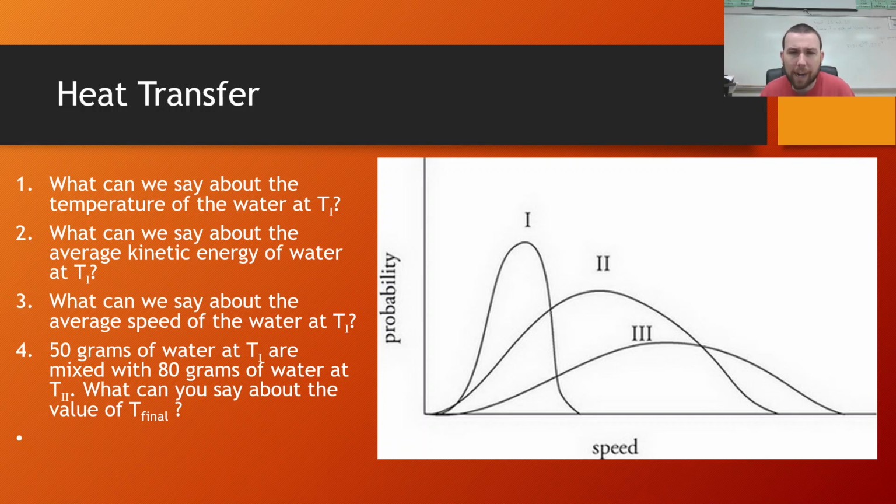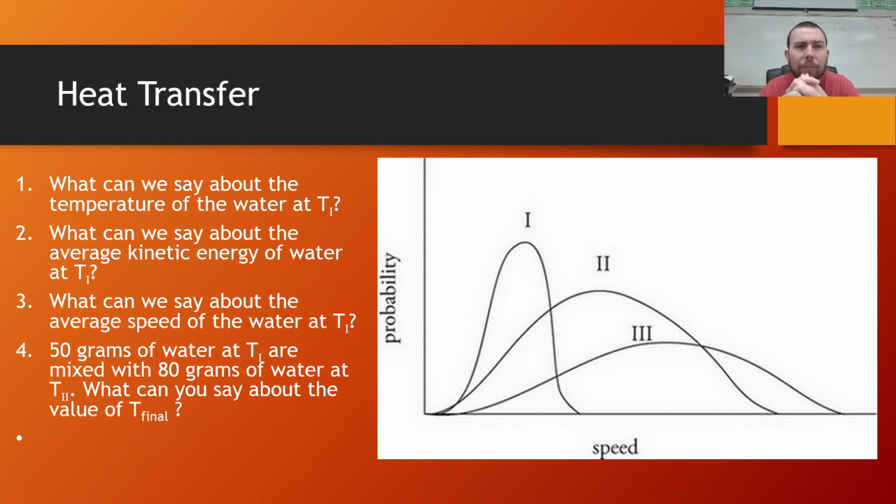Looking at this graph, speed is on the x-axis, so the farther we move to the right, the faster the particles are moving within that sample of water. Sample 1 has the least amount of shift to the right, so that communicates that temperature 1 is the coldest of the three.